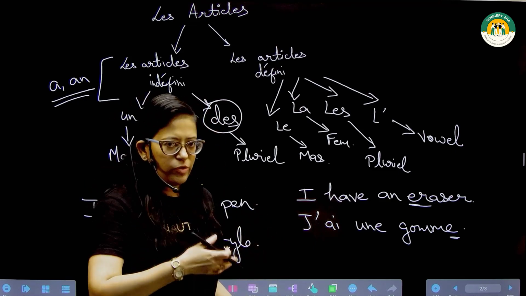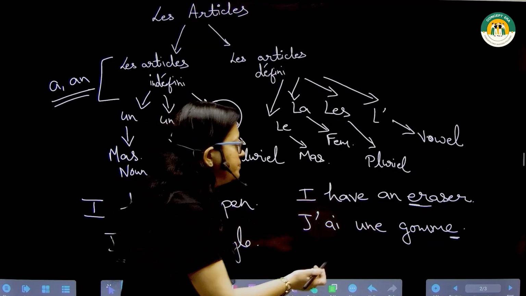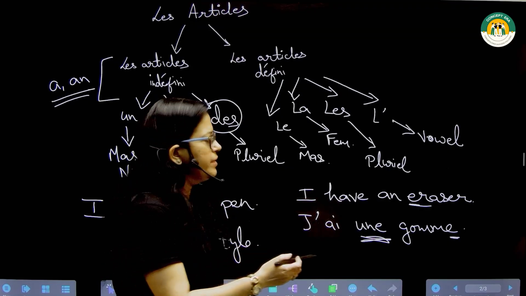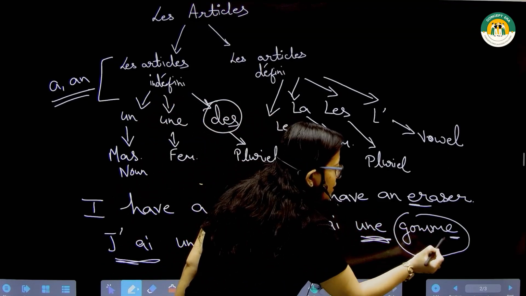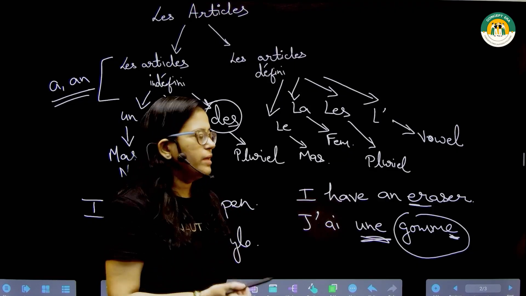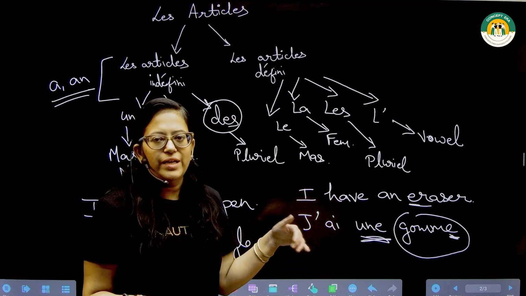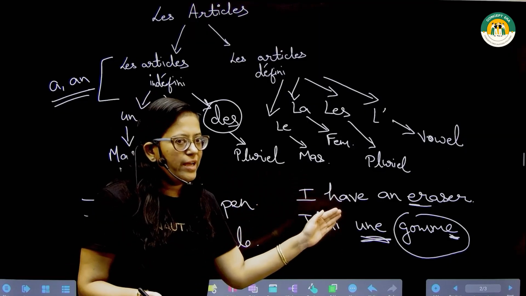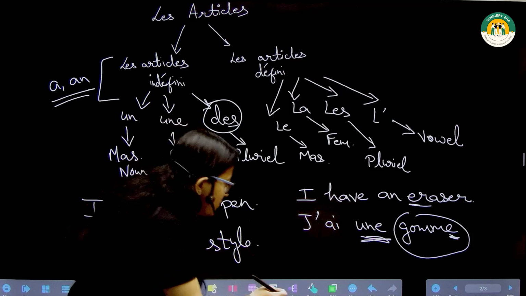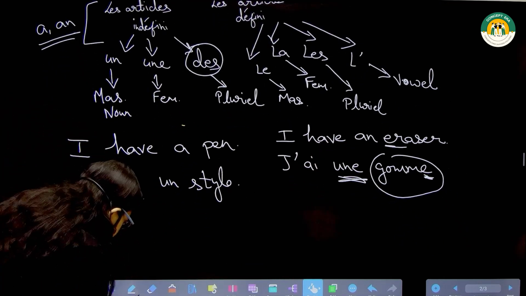So we will study about the exceptions also. So first thing is j'ai une gomme. Why are we adding une? Because it is a feminine noun that is ending with E. Gomme is ending with E, so that means it's a feminine noun. I have an eraser. For a and an we use article indéfini. So that's why I am using j'ai une gomme.